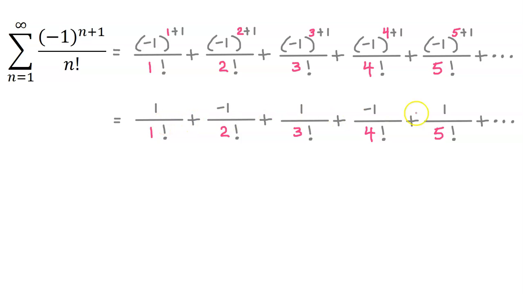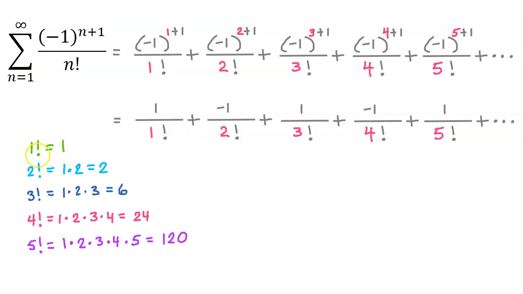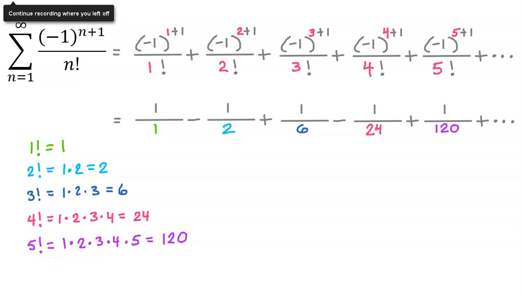So now we have this. 1 factorial is 1, 2 factorial is 2, 3 factorial is 6, 4 factorial is 24, and 5 factorial is 120. And now that we have the first 5 terms, we can find the first 5 partial sums.